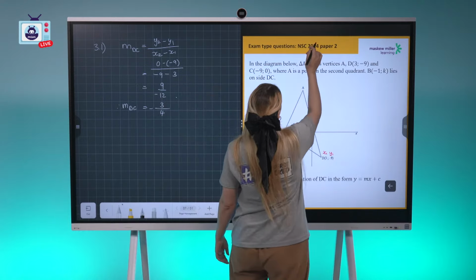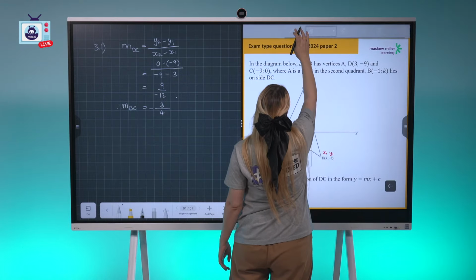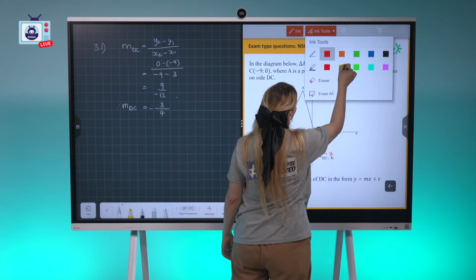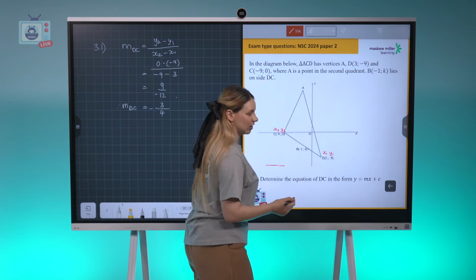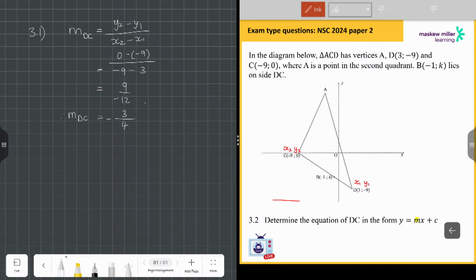So let's just quickly write down, what do we need to find when we are looking for an equation? We know we need to find m, which is the gradient of that line, and we would also need to find c. So if I can find m and c, I would have found the equation in the form of y equals mx plus c. We know that the x and y's represent all the points on that line.